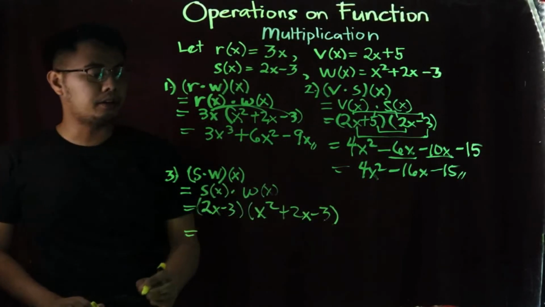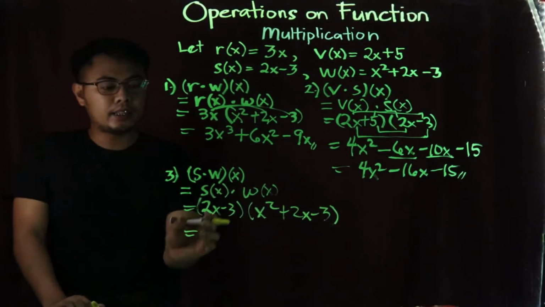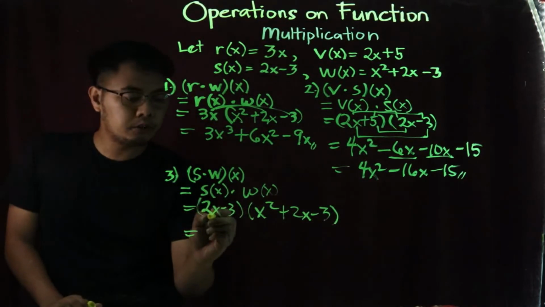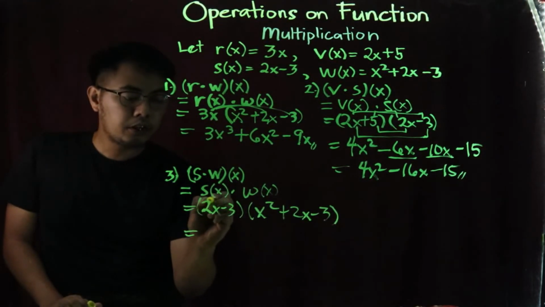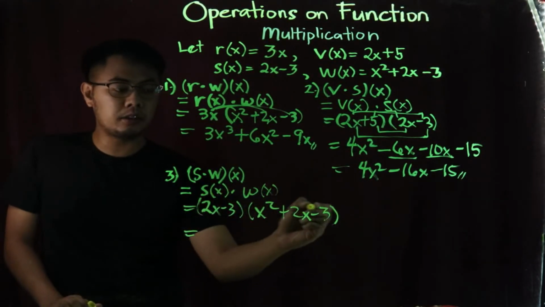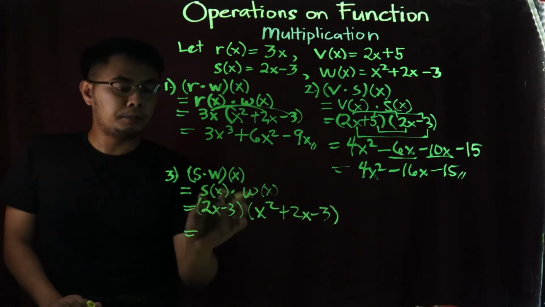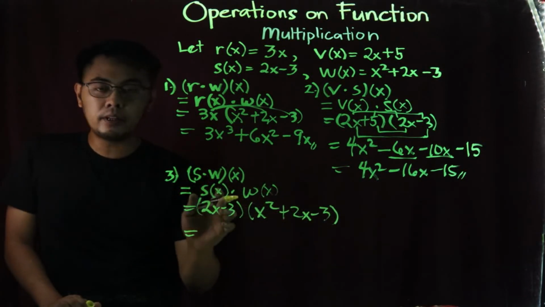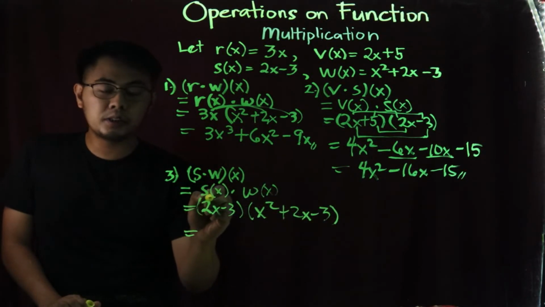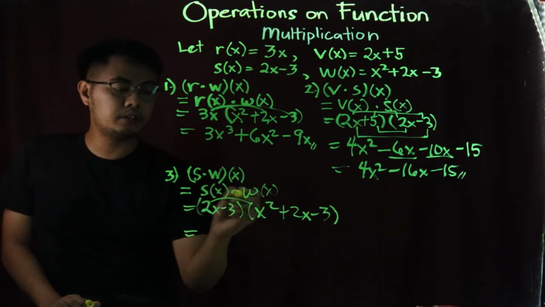Okay. So, paano to? Isa-isahin natin itong 2x at negative 3. So, itong 2x, ito muna ang i-distribute natin dito sa trinomial. Kasi binomial by trinomial. Pero kapag isa-solve natin, itong 2x monomial muna ang i-distribute natin.